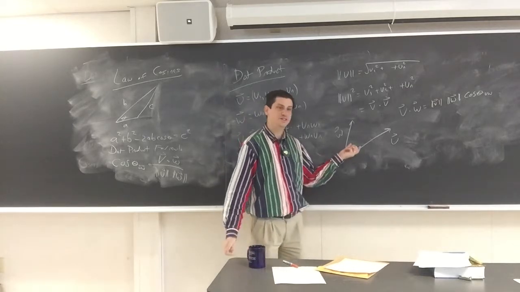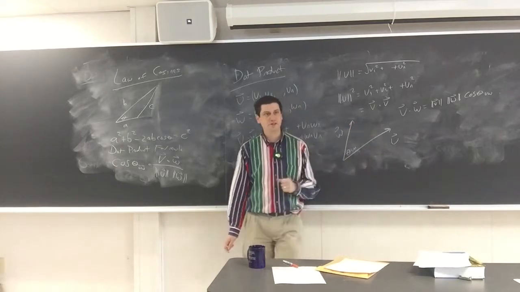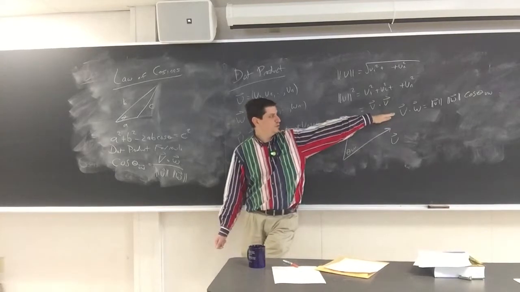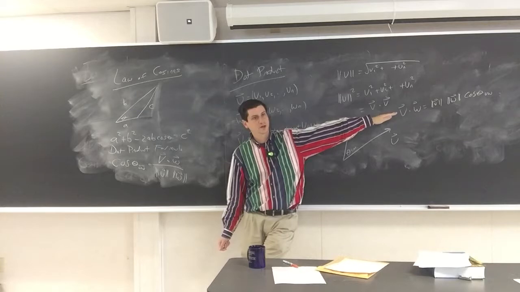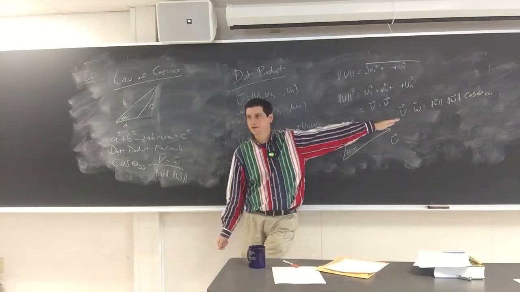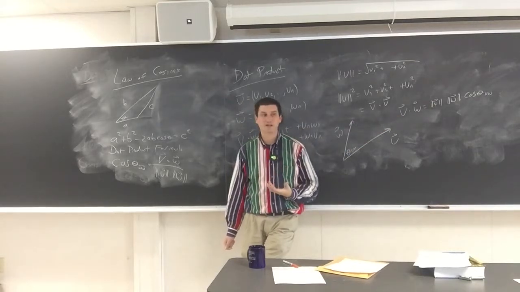The physical angle is the same, but I might now have maybe a minus sign because I'm moving in the other direction. Will it matter for this formula if there's a minus sign in the angle? What kind of function is cosine? How's the cosine of theta compared to the cosine of minus theta?